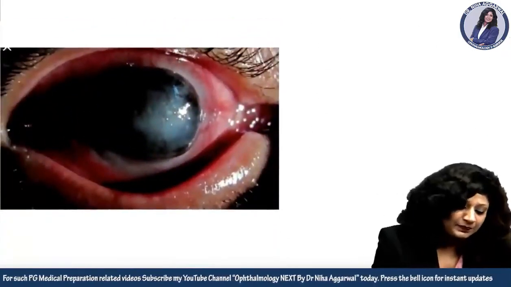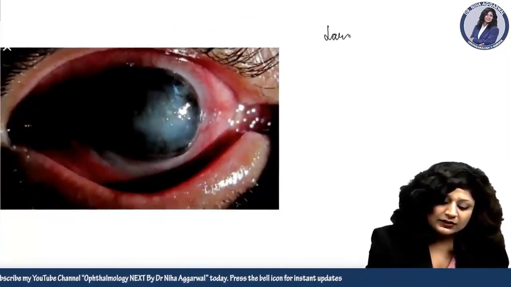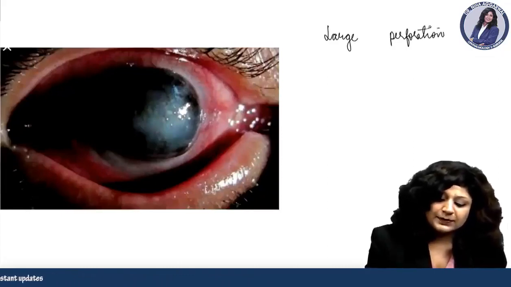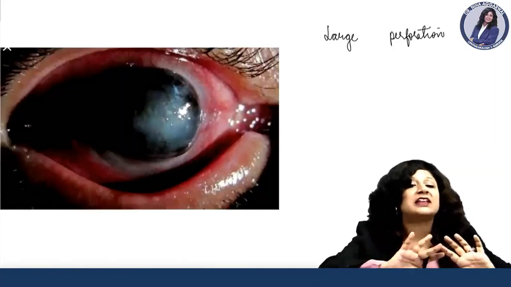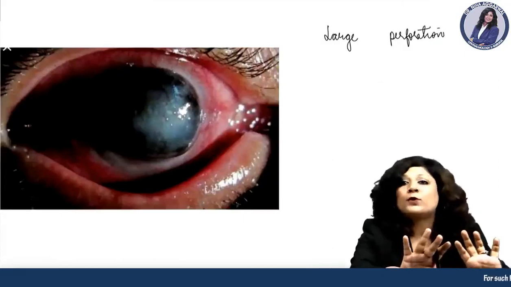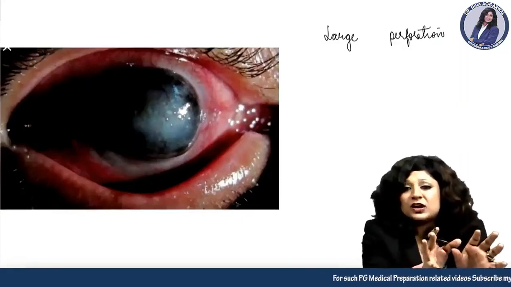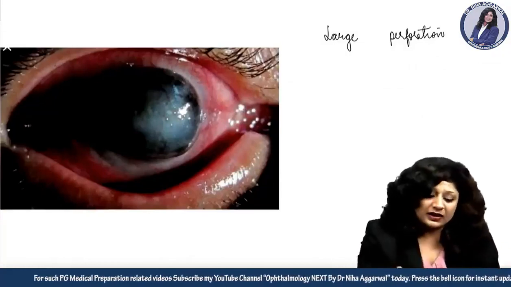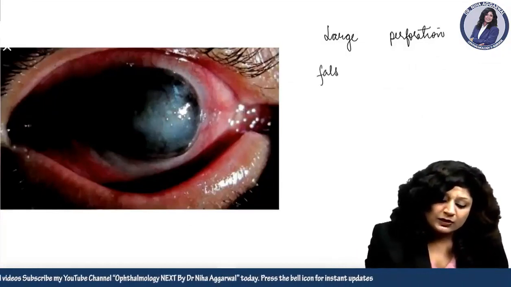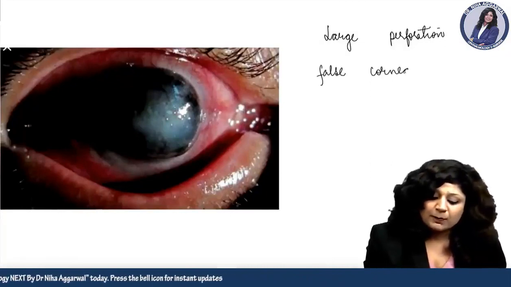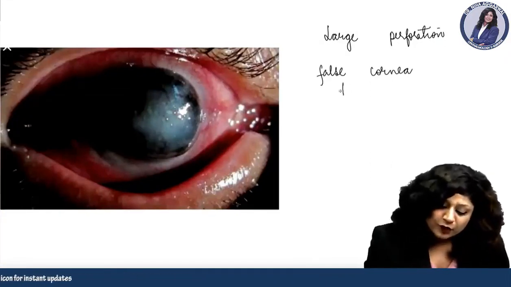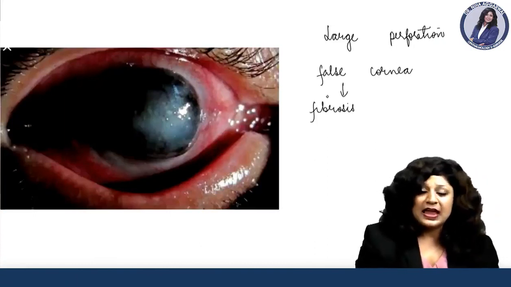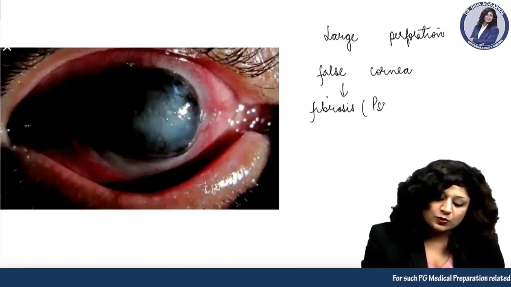then what will happen? On the other hand, if we have a large perforation of the cornea, the whole of the iris lens diaphragm will be prolapsed out. So it will bulge out, it will be protruded out. Now when it is coming out, it will form a false cornea. Over this false cornea, a line of fibrosis will take place, and fibrosis will form a pseudocornea.